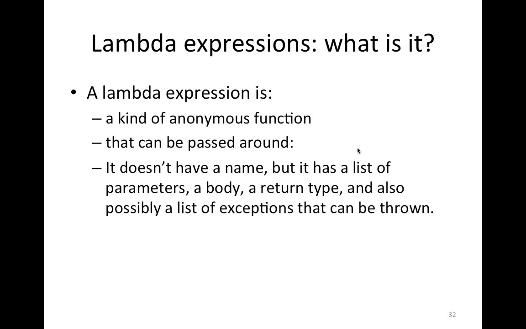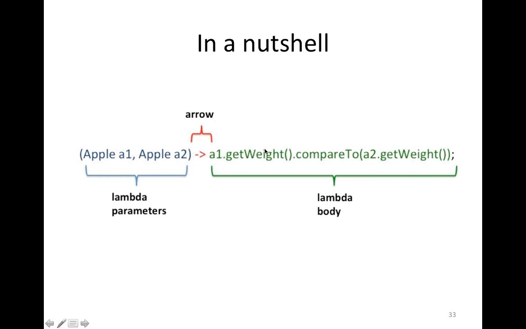Well, it's a kind of anonymous function that can be passed around, and it doesn't have a name, but it has a list of parameters, a body, a return type, and possibly some exceptions that can be thrown. This is not a very useful definition, right? Because we now need to define what a function means, what anonymous means, what passing around means. So stay with me, and we will actually explain each of these in detail.